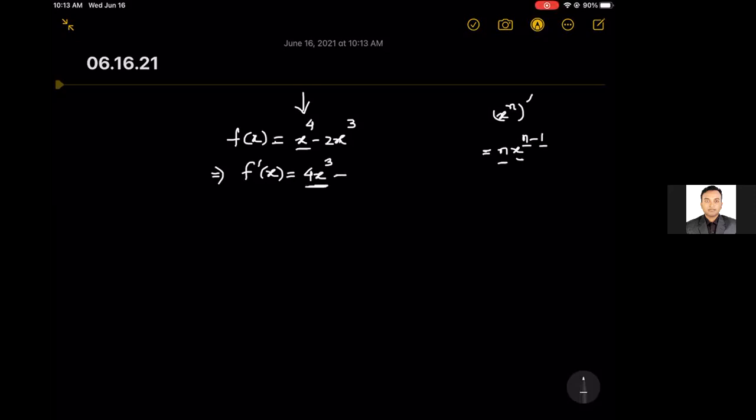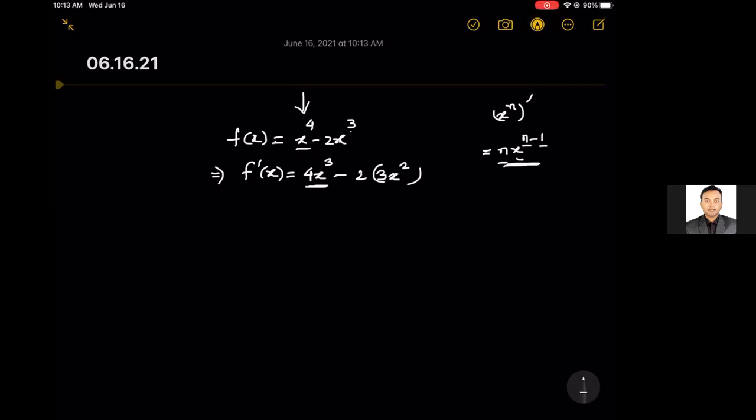And for the second part, again, we'll be using the power rule, but we can also use the constant function rule to keep the constant 2 outside. We don't need to do anything for that. For x cubed, using the power rule, it will be 3x squared, right?